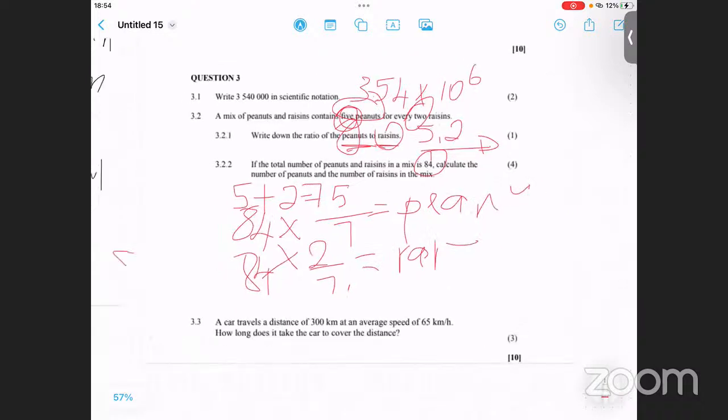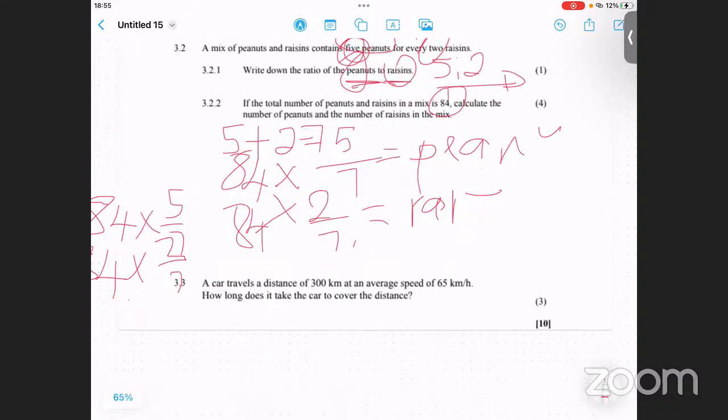And then you're going to get the answer. So it's 84 times 5 over 7, 84 times 2 out of 7. Then you're going to get the value of the peanuts and the value of the raisins. Are we clear? Did you guys get me? Yes, ma'am.